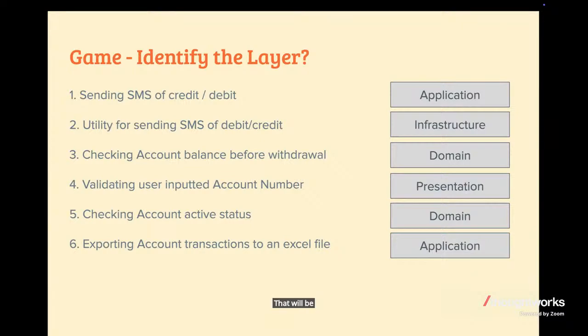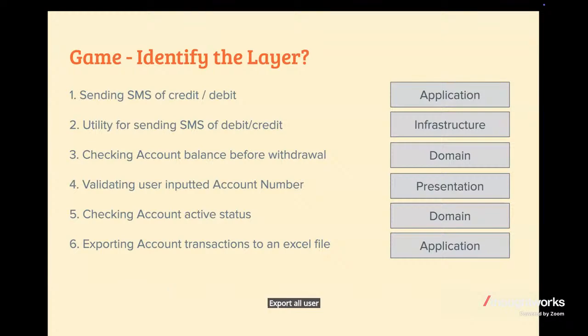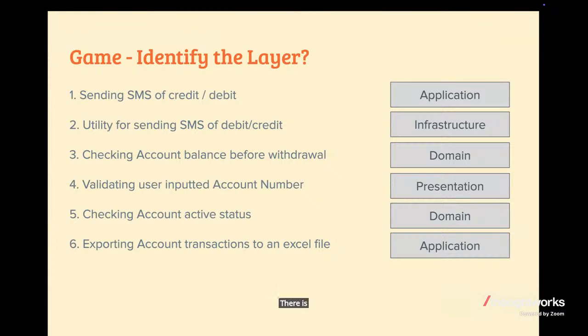But for a use case like this, to export all user transactions within a date range, that will be handled by the application layer with support from the infrastructure layer. Right? There is not much domain itself involved here. You can use the repository layer to get the transactions of the account. Objects belong to the domain, right? Whatever you are exporting from infrastructure, you are making it with the domain model.